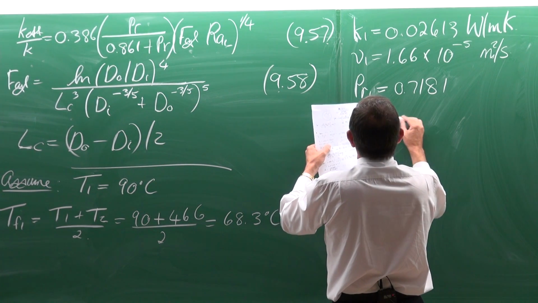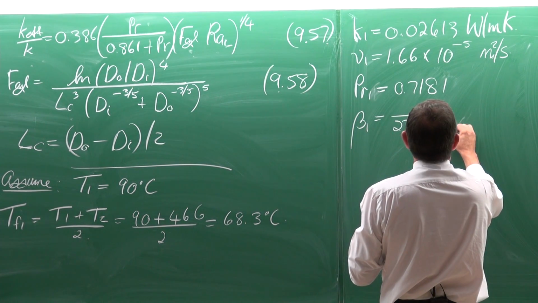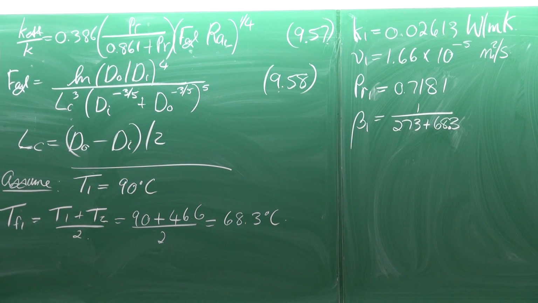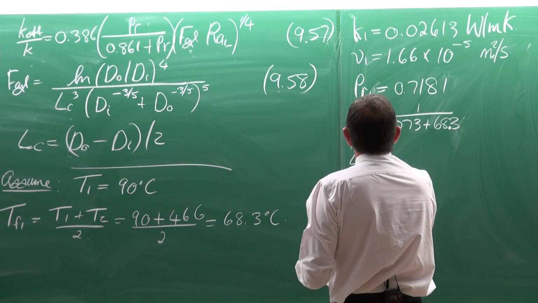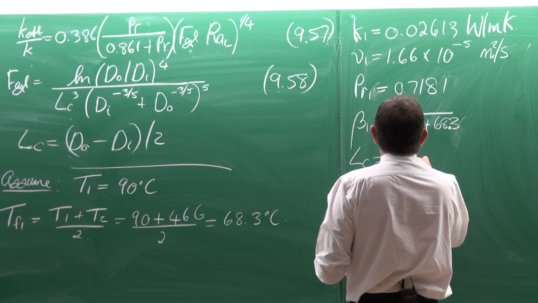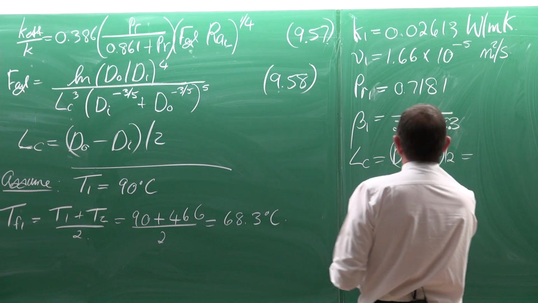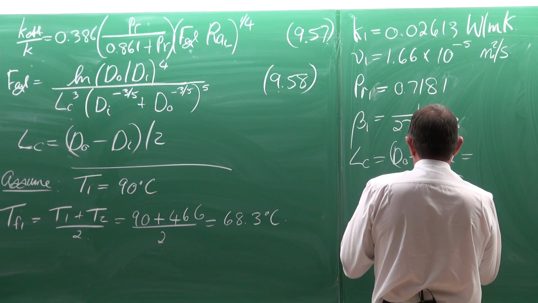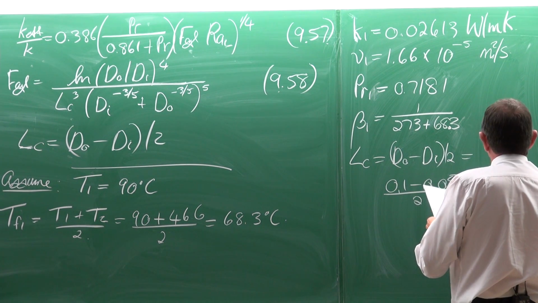Beta 1 is equal to 1 divided by 273 plus 68.3. These are all the properties, and LC is equal to the outside diameter minus the inside diameter divided by 2. The outside diameter is 100 millimeters, the inner diameter is 50, divided by 2, and that is equal to 0.025 meters.